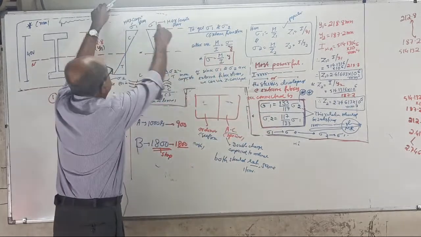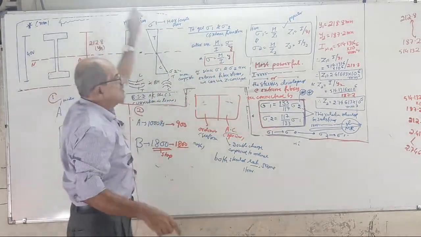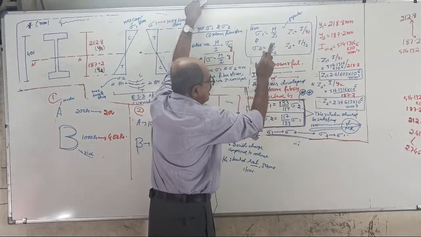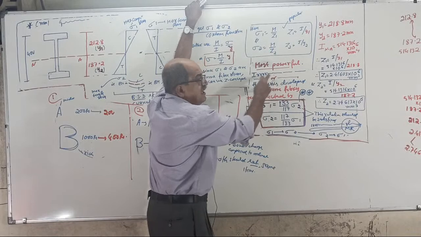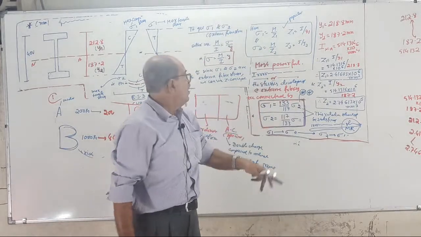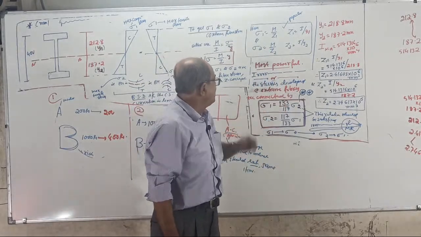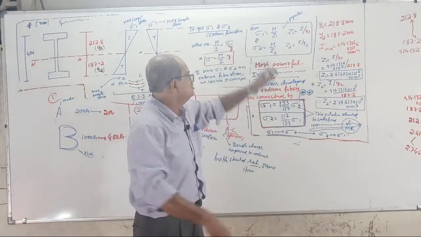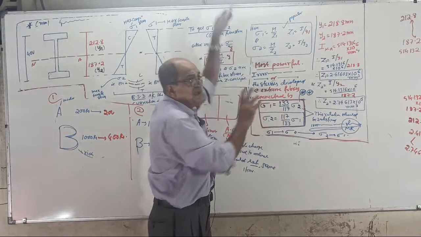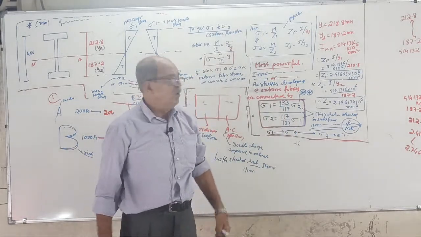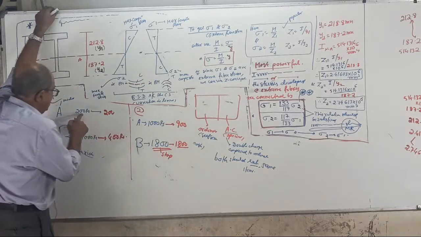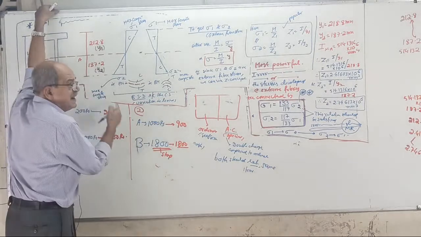The relation between sigma 1 and sigma 2 is a condition. I told you, irrespective of whether you are going for stress calculation or later moment of resistance or permissible stress, whatever you do, this condition should be satisfied. Therefore, last time A had 200, he could spend 200.